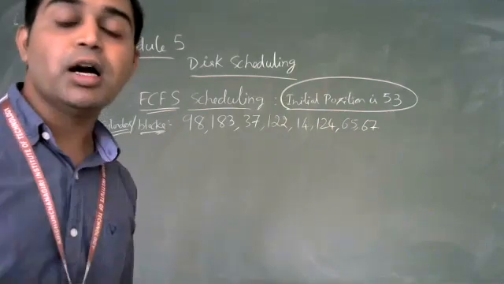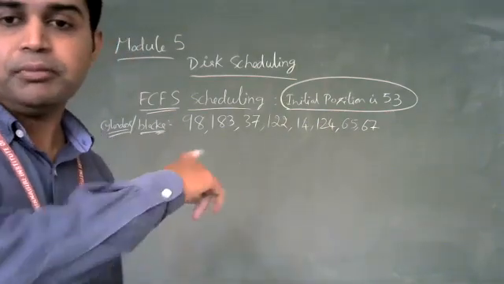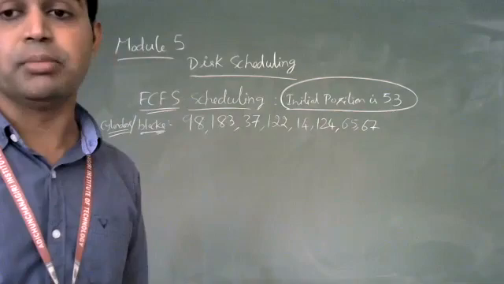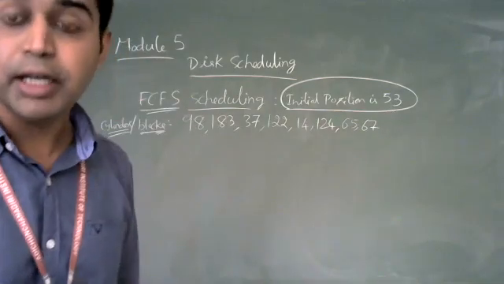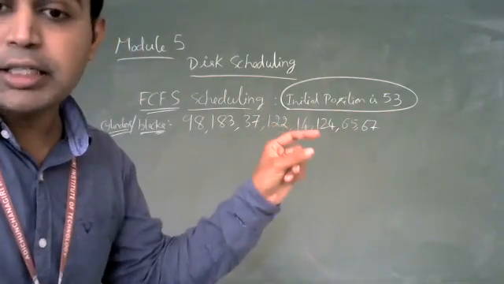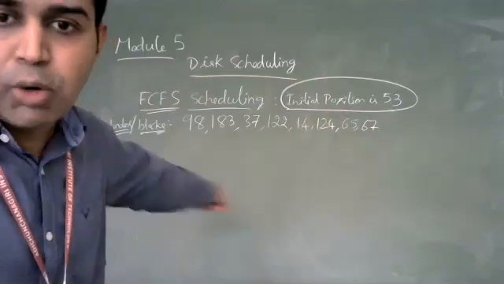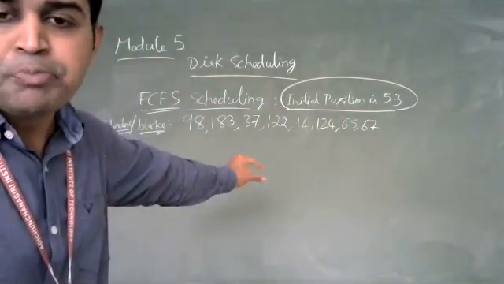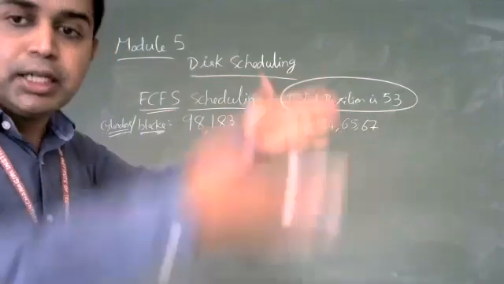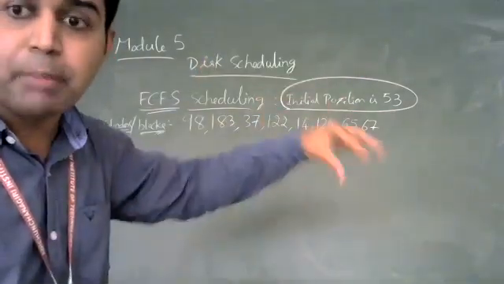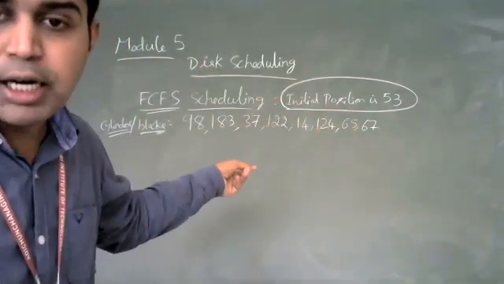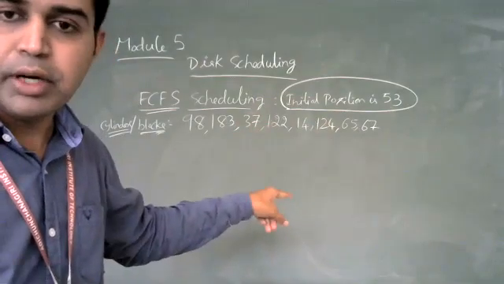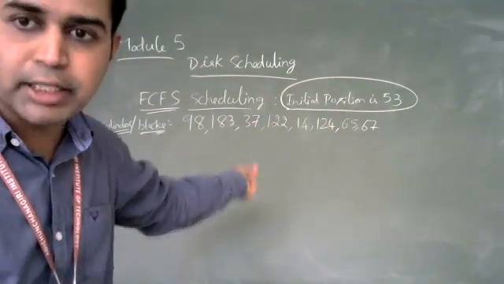Now, the algorithm we are applying is FCFS, first come first served. That means whichever cylinder arrived in the queue first. The cylinder numbers written here are stored in the queue in this order: the first is 98, next is 183, next is 37, like that.